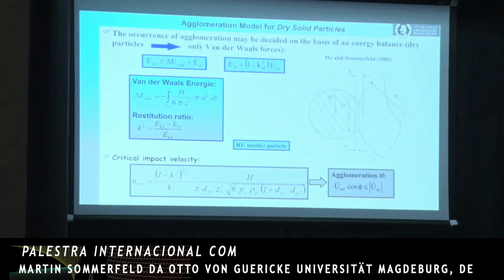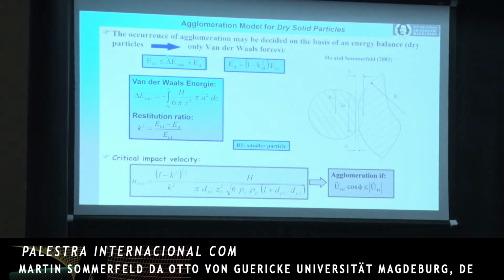Before we go there, I just briefly show this slide. There are many options to calculate the possibility of adhesion. We just took this work, also coming from Karlsruhe, where they look at particle separation on fiber media. And you compare the kinetic energy of the particles before they collide with the Van der Waals energy and dissipated energy.